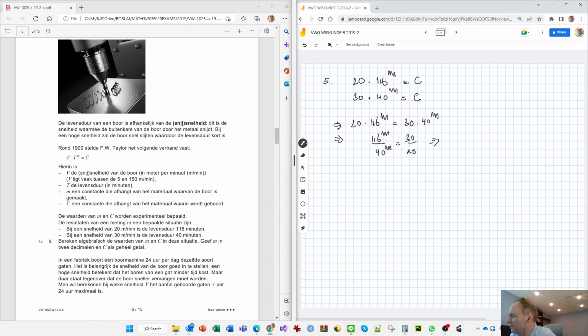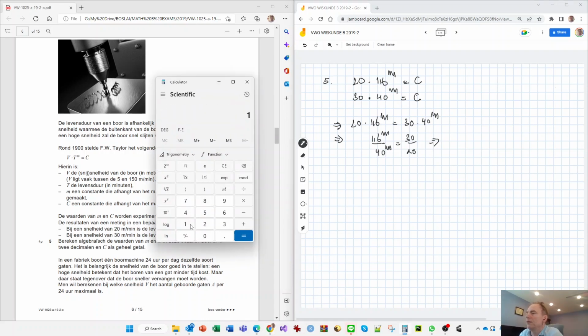And 116 divided by 40 is 2.9, so 2.9 to the power of m. We use here that a to the power n divided by b to the power n is a divided by b to the power n.